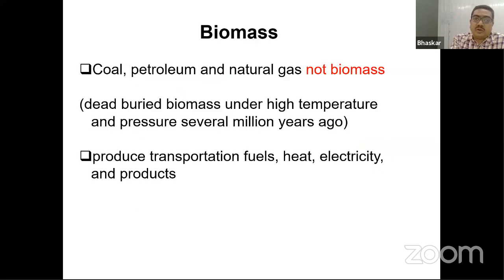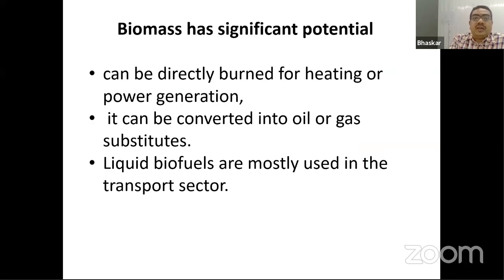So we all know that coal, petroleum, and natural gas are not biomass because they have been formed millions of years ago because of the processes. Then they are the transportation fuels. Biomass has a significant potential to be used as a source of heating or power generation.